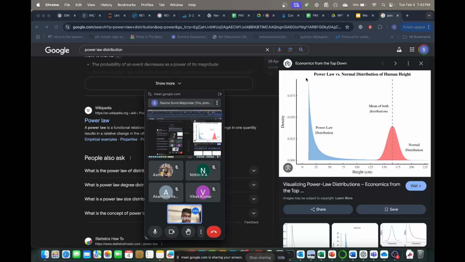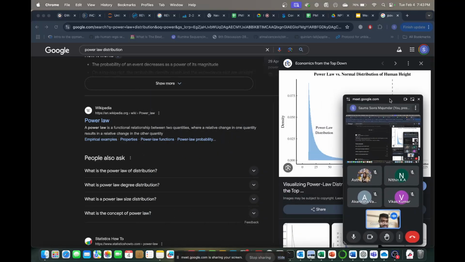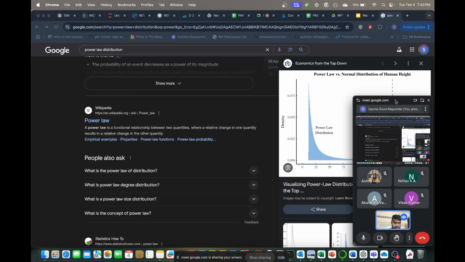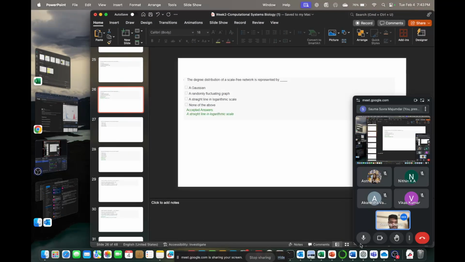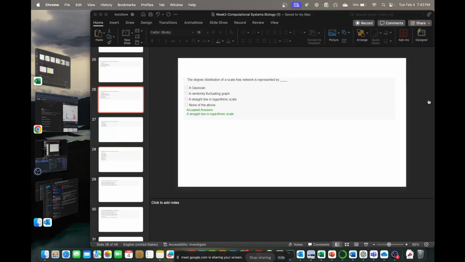So this is a power law distribution, and if you take a log value, it will be a straight line, like this, with a negative slope. So yeah, it's actually a straight line in logarithmic scale, but this type of distribution is actually a power law distribution. Okay.